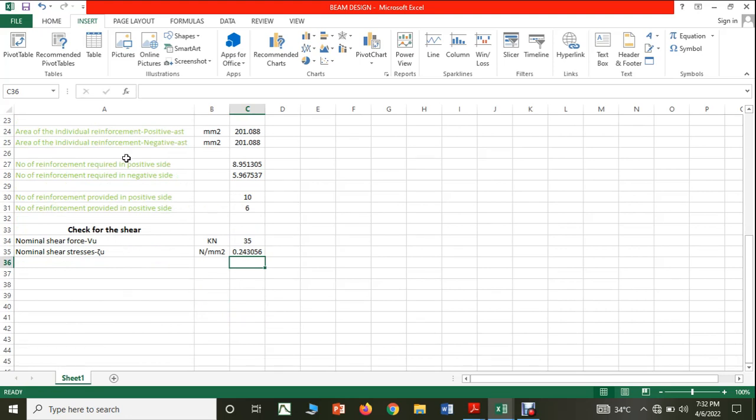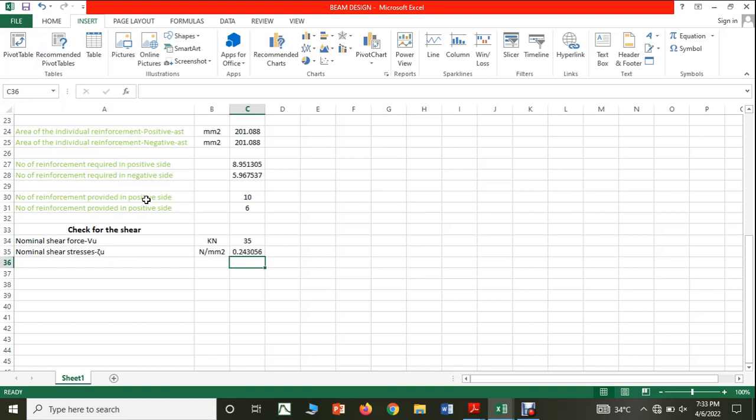Sometimes you may get unusual numbers like 5, 4, so usually we move on to the higher value. Therefore the number of reinforcement provided will come.